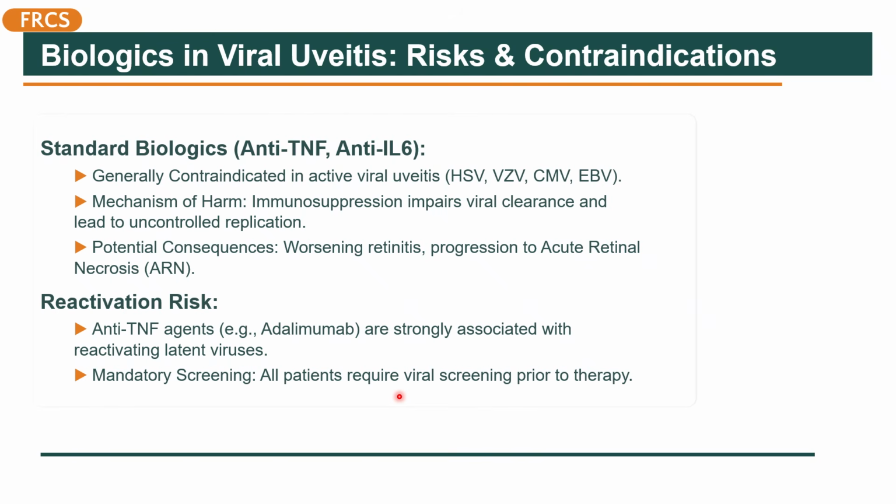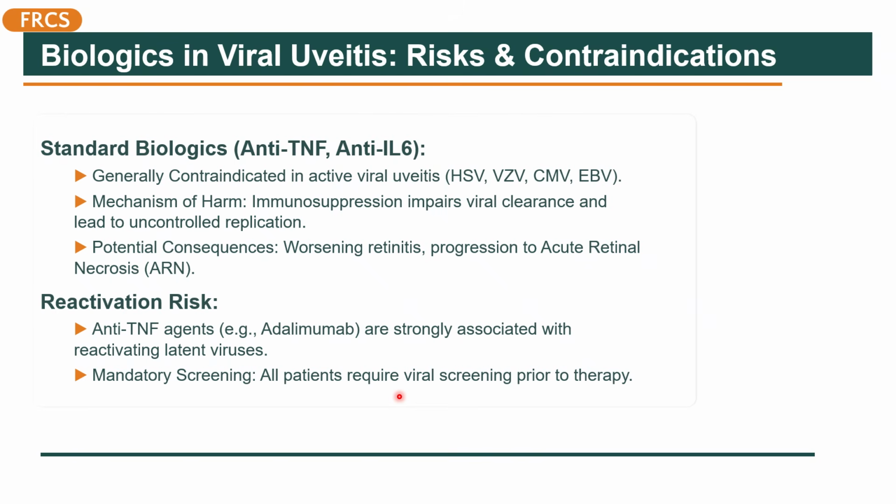One of the recommendations is that you have to rule out viral infections or any infectious cause of the uveitis before you start thinking of using biological treatment for any type of uveitis. So the standard answer for anyone who asks you, is there any role for biologic treatment in viral uveitis? The answer will be no.